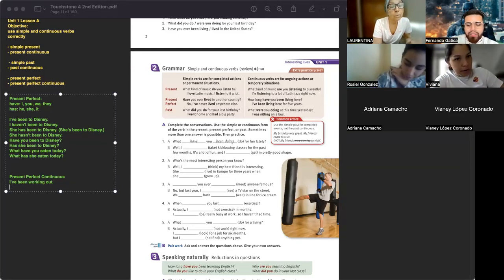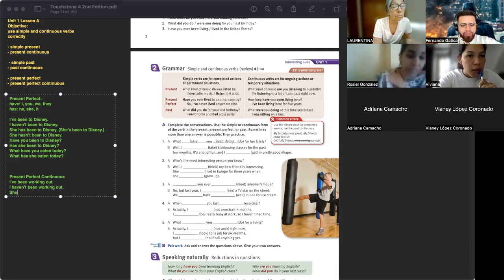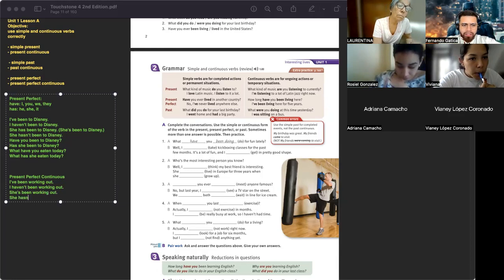In the negative form, you use haven't. Okay. I haven't been working out. She's been working out. She hasn't been working out. Have you been working out? Has she been working out?